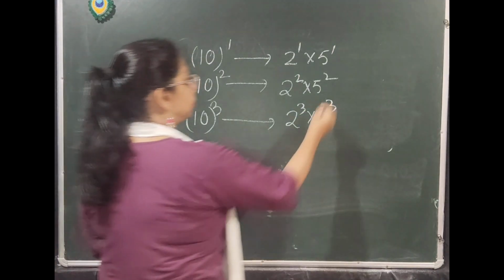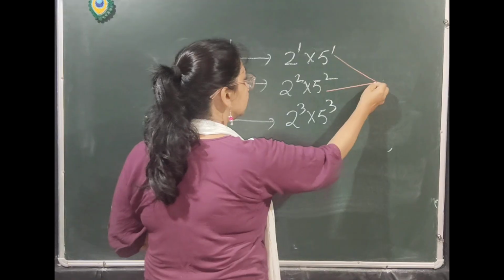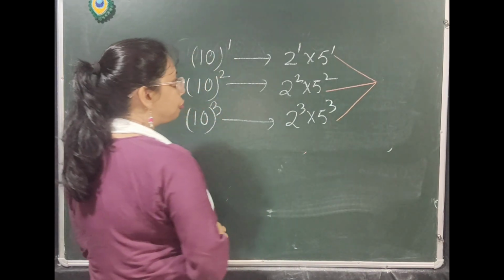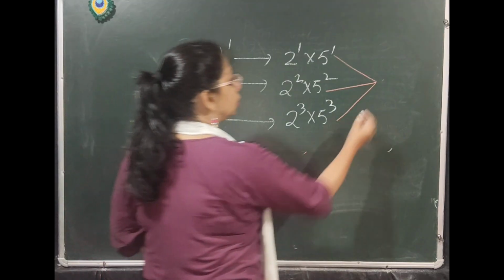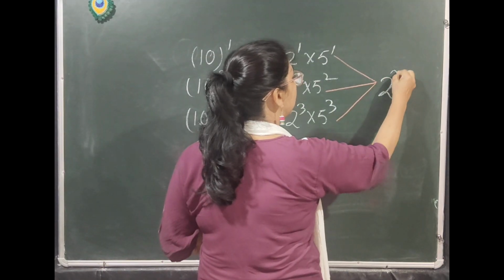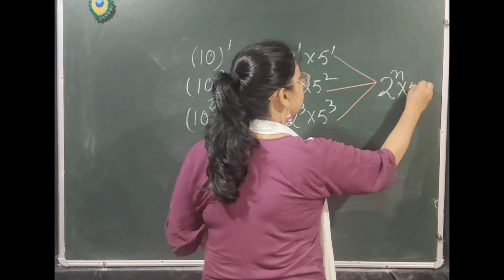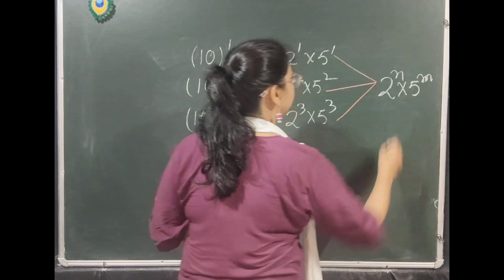It means that these three numbers are following a special pattern. What is that pattern? The pattern is 2 to the power n into 5 to the power m.